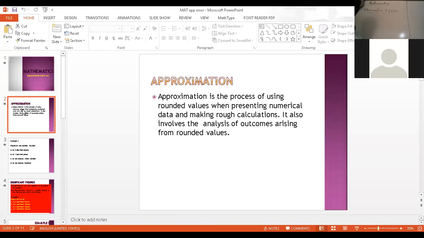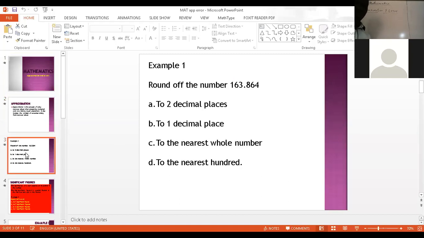Now, approximation. Approximation is the process of using rounded values when presenting numerical data and making rough calculations. It also involves the analysis of outcomes arising from the rounded value. How do we mean? Let's go straight to an example. Here's an example which says we should round off the number 163.864.